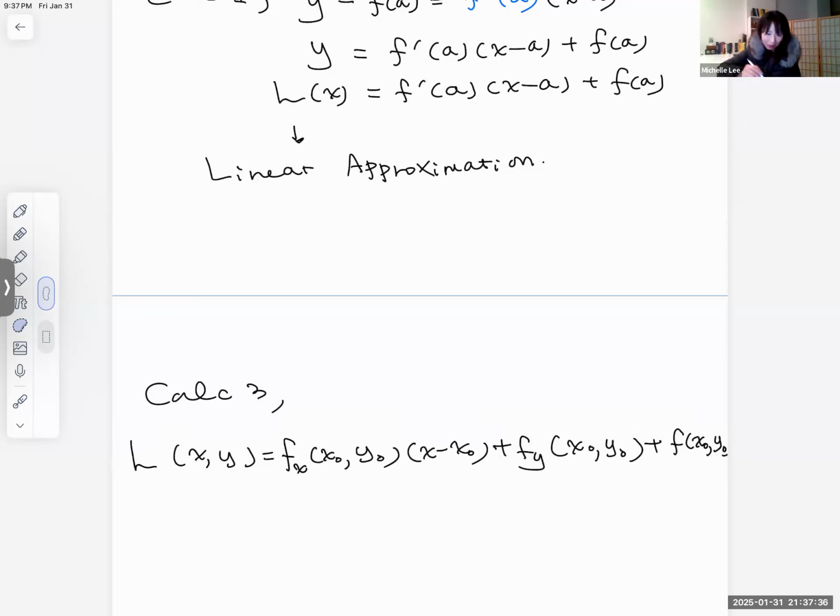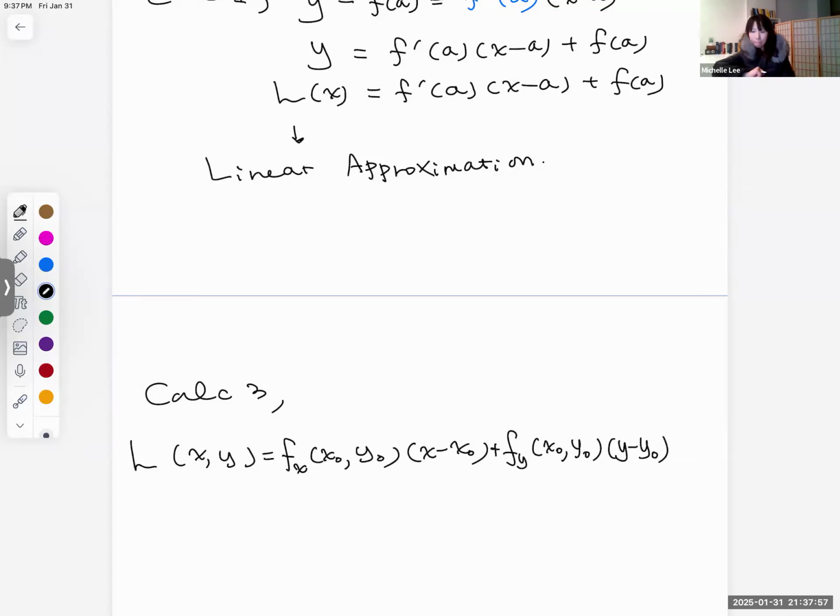Hold on 1 second. Yeah, missing y minus y naught. So let me write down plus the partial derivative with respect to y at x naught, y naught, times y minus y naught, and then the function, right?